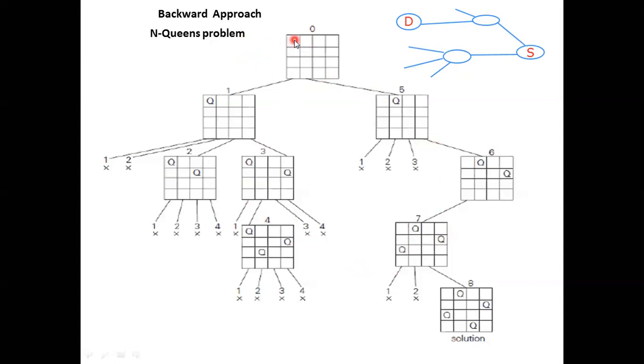You see here, it is a 4 cross 4 matrix: 1, 2, 3, 4 columns and 1, 2, 3, 4 rows. If it is given as a 3 queens problem, then we have to construct a 3 cross 3 matrix. If it is a 2 queens problem, we have to construct a 2 cross 2 matrix, and so on.